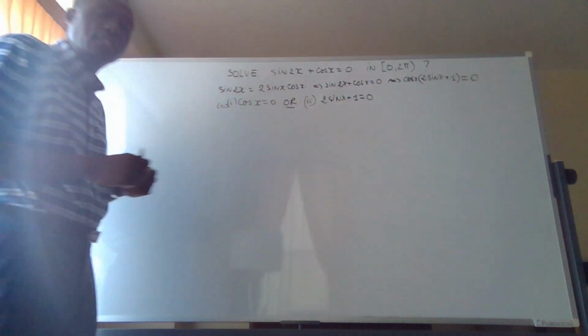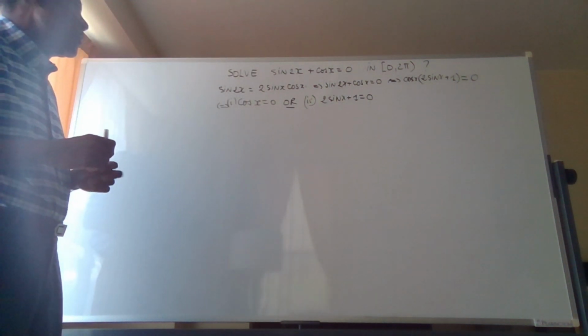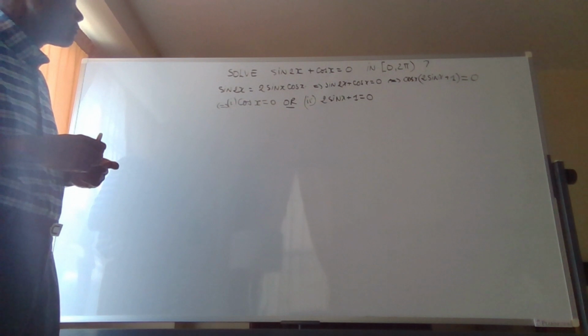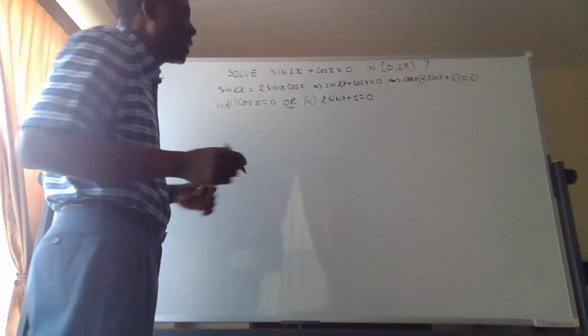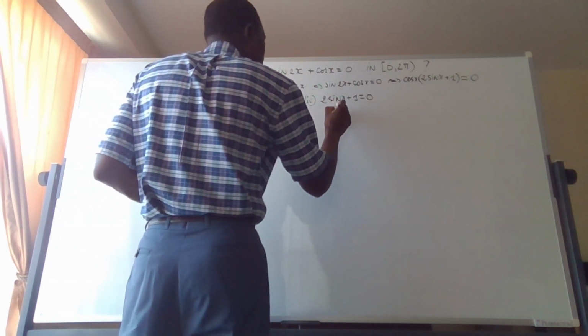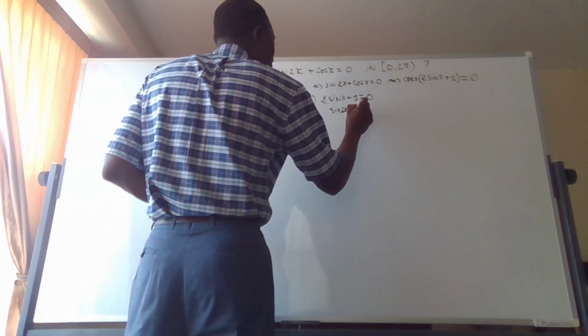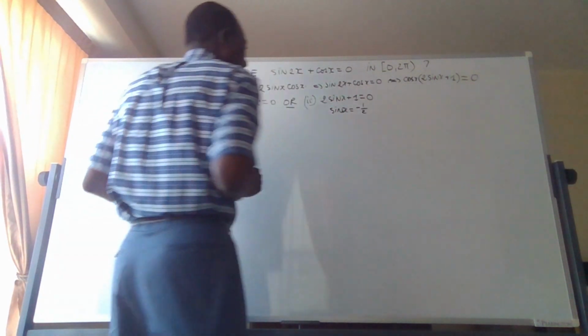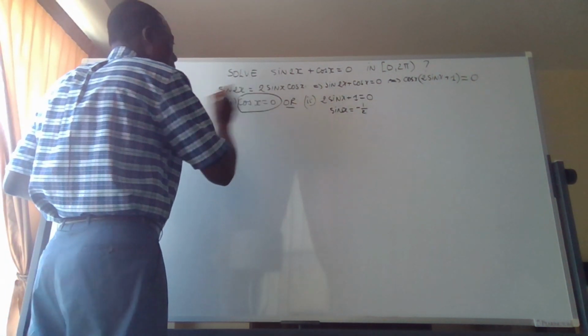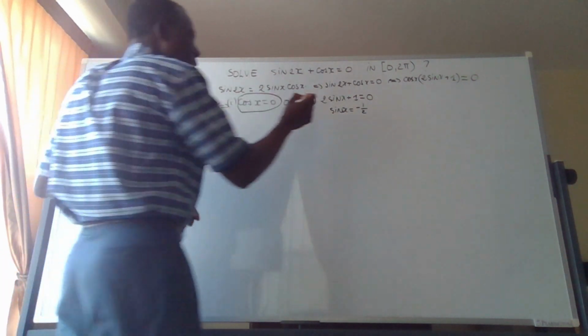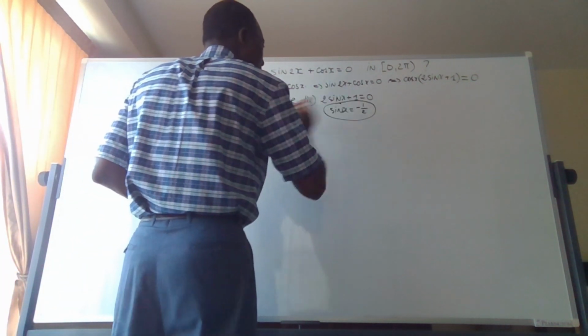Those are the two conditions. The second condition is equivalent to sin x equals minus 1 over 2. So the first condition is cos x equals 0, and the second one is sin x equals minus 1/2.